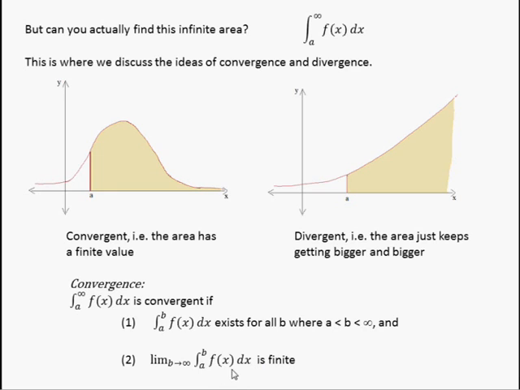We can't find the integral between a and infinity, but we can find the integral between a and b, and we're just going to make b approach infinity. So that's the theory.